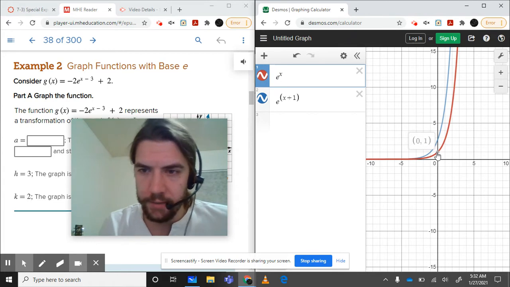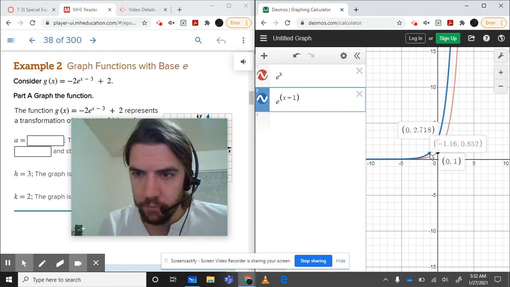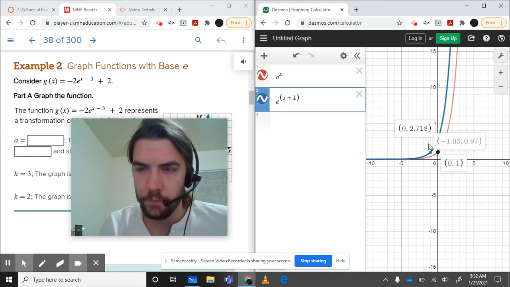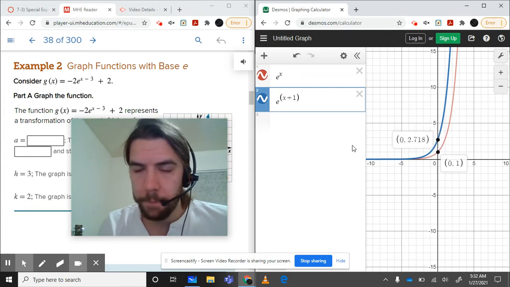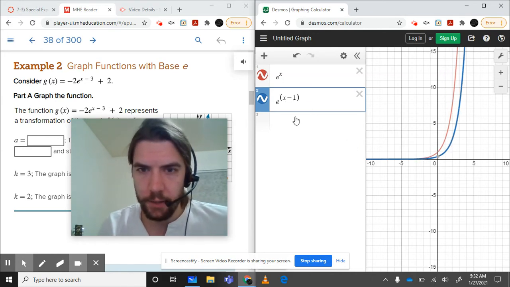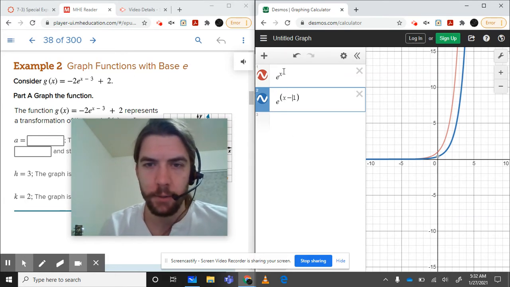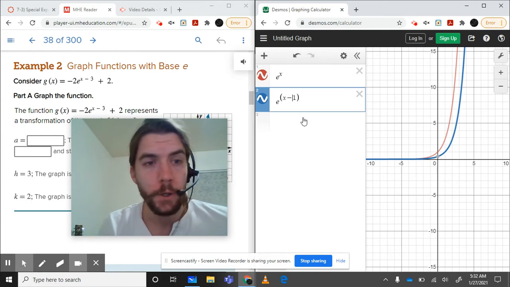Instead of waiting till you're at 0 to get an output of 1, you get that output at negative 1. If we want to go the opposite way, then we'll subtract. So we'll get there a little bit later. We'll have to put in a larger value of x to get to the same place that we were before.